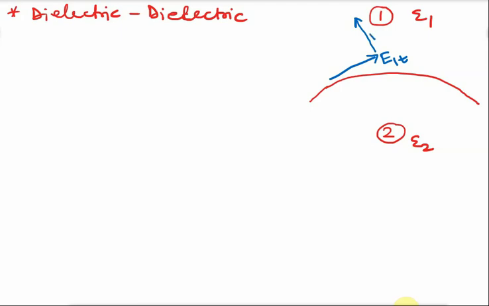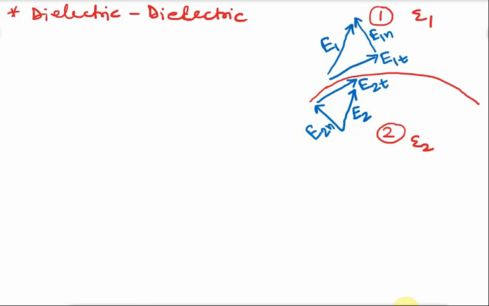This one is E1n, and the resultant of these two is your E1. Similarly, for the second dielectric medium, in the second region we will draw the tangential component, E2t, and this one is your E2n. The resultant of these two is E2, electric field 2.